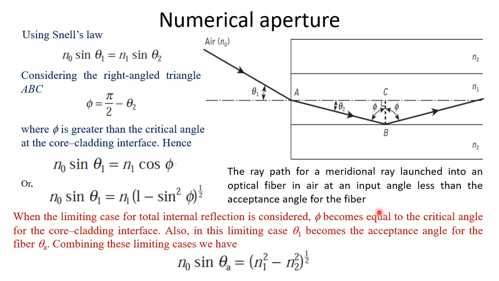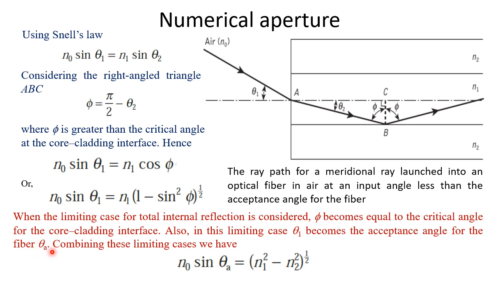When the limiting case for total internal reflection is considered, phi becomes equal to the critical angle for the core cladding interface, right? Also, in this limiting case, theta 1 becomes the acceptance angle for the fiber, which is written as theta a.